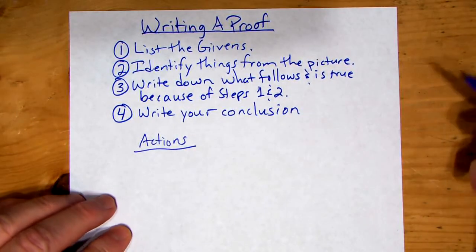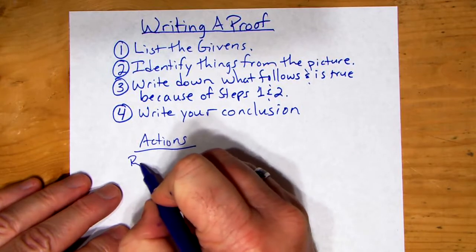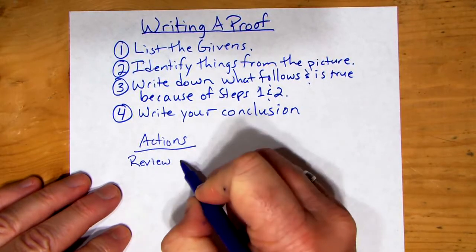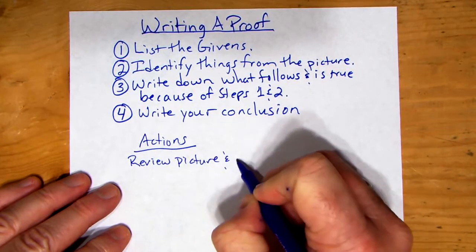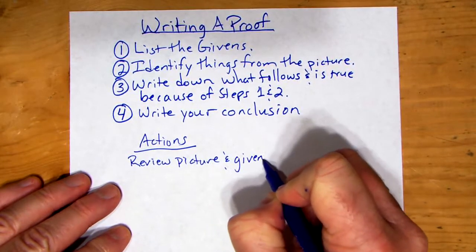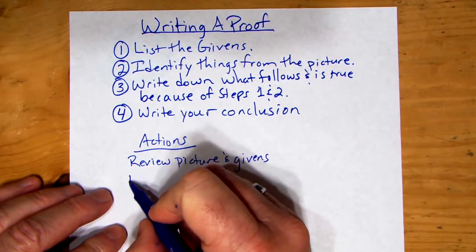Your actions around this, right? So you're going to review the picture and the givens. If you don't have a picture, you'll draw a picture.